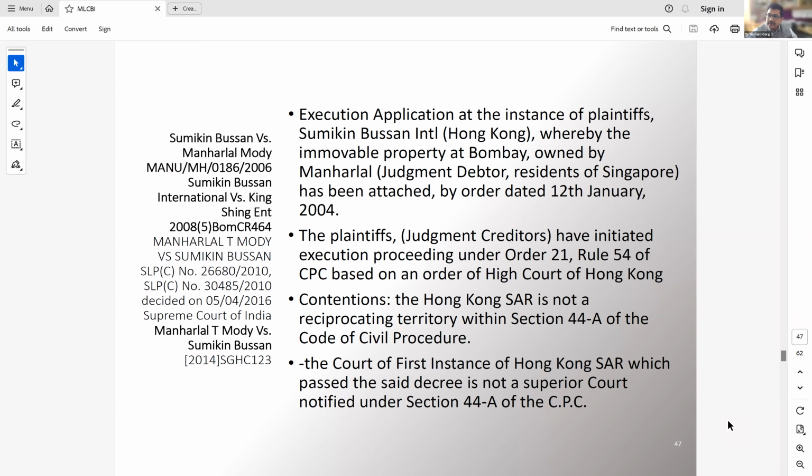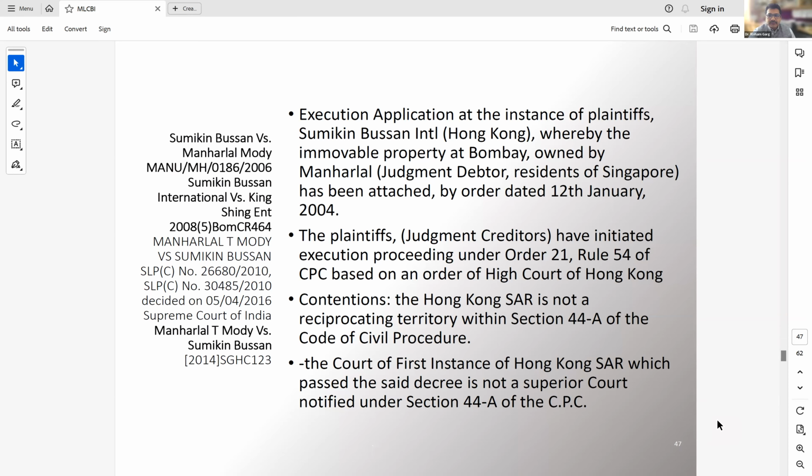So, whether a foreign insolvency judgment or order can be recognized and enforced in India. This was the case of Sumikin Busan and Kingshing Enterprises.